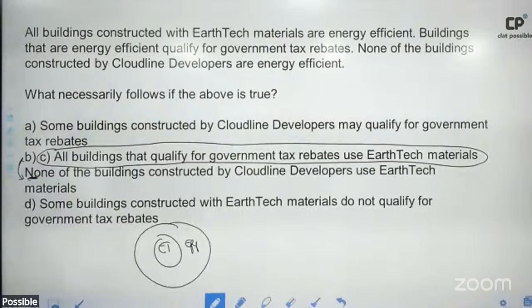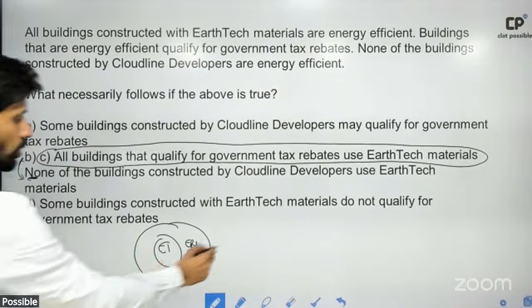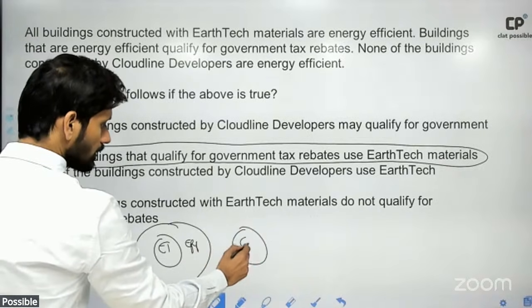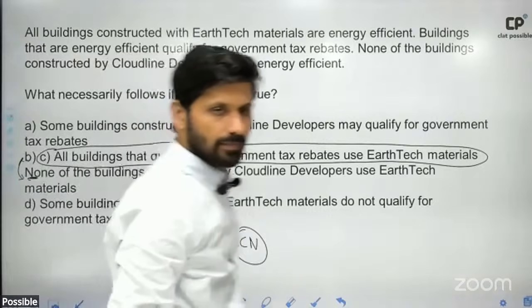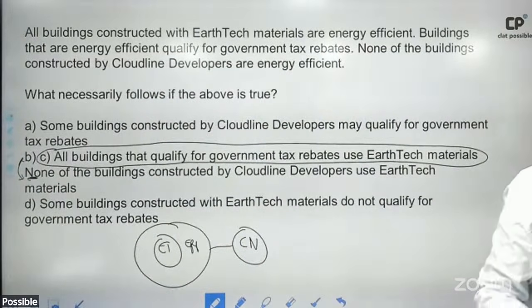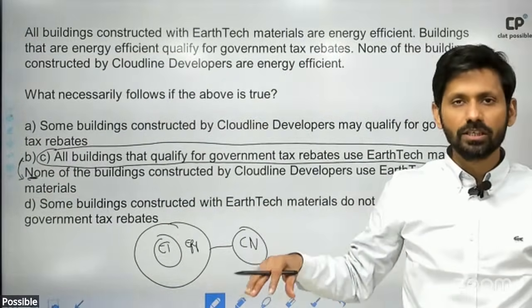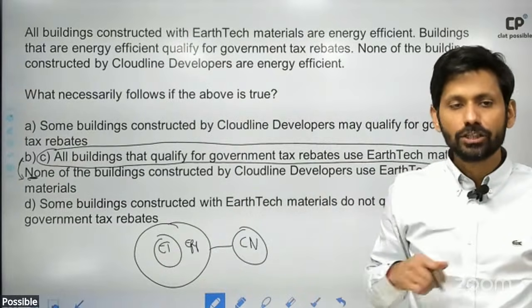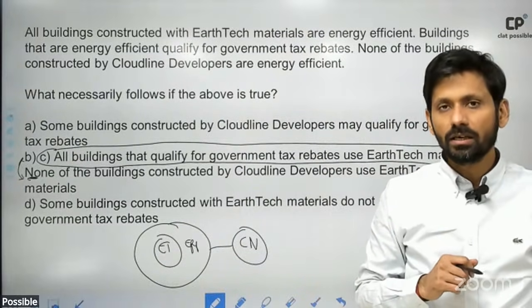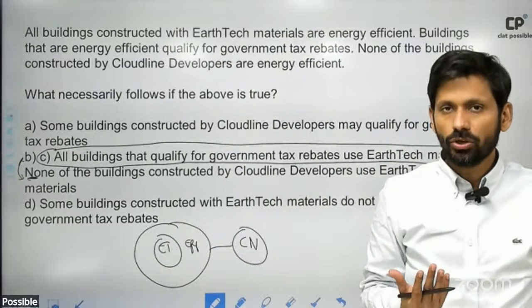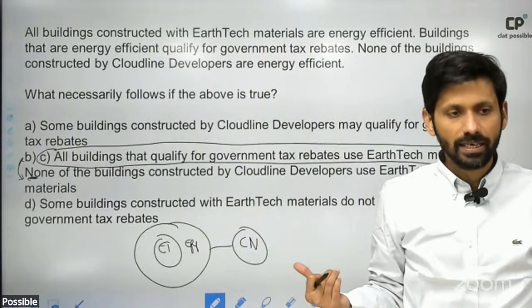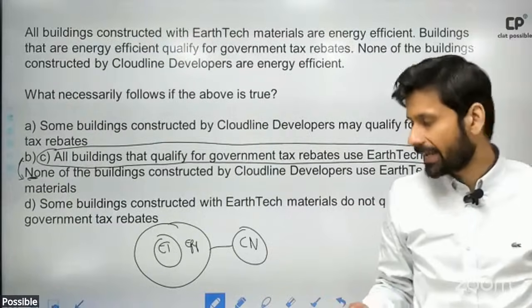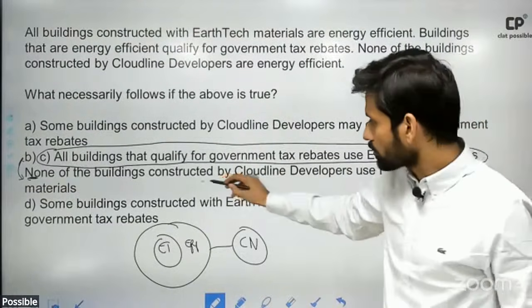None of the buildings constructed by Cloud9 are energy efficient. So Cloud9 is not energy efficient. If it is not energy efficient, can I definitely say it is not constructed with earth tech materials? Surely. It's not in the outer circle, it cannot be in the inner circle, right? So the answer is B, yes. B in the sense that this option is correct.